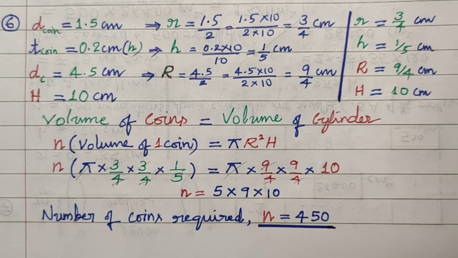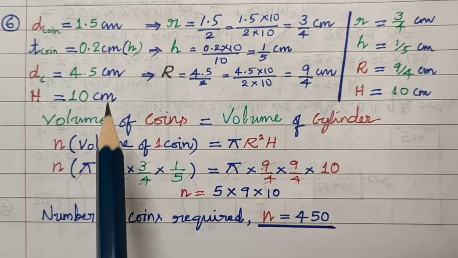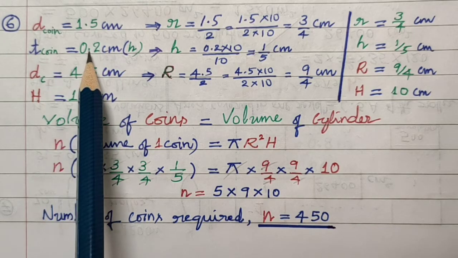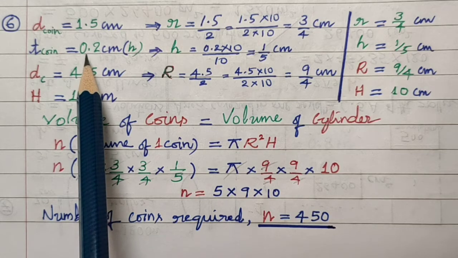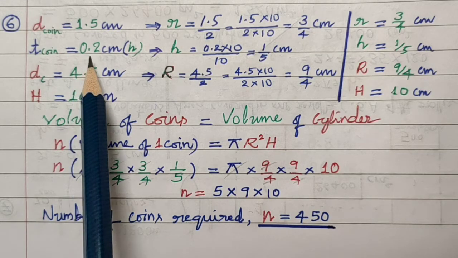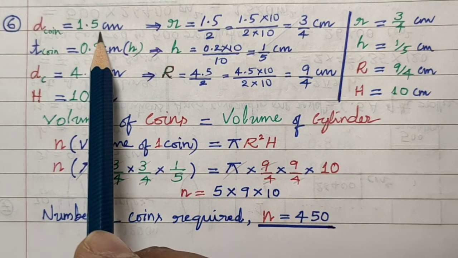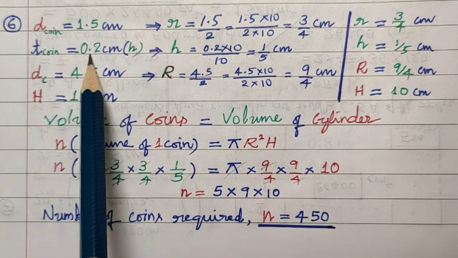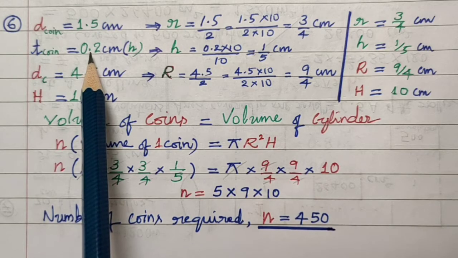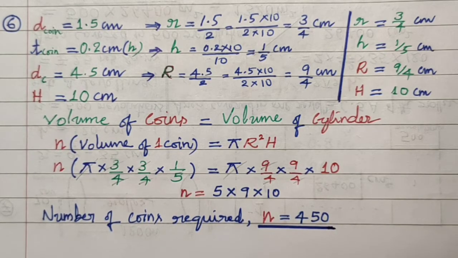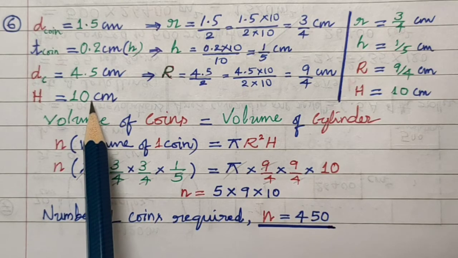Find the number of coins, 1.5 centimeter in diameter and thickness 0.2 centimeters, to be melted. How many coins of diameter 1.5 centimeter and thickness 0.2 centimeters are to be melted to form a right circular cylinder of height 10 centimeter and diameter 4.5 centimeters?